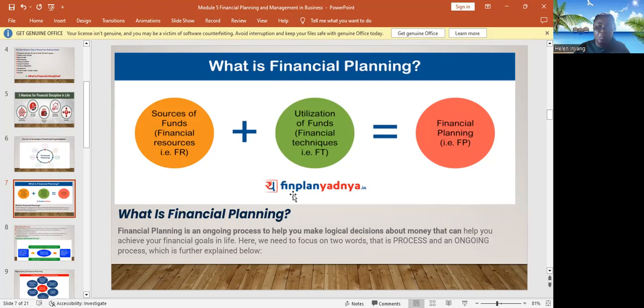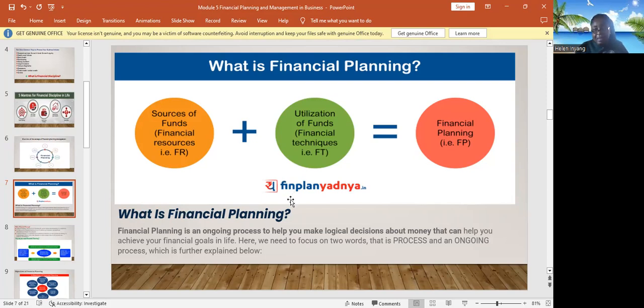And by the time you get the funds, you must make sure that you are able to utilize them using financial techniques. You must be financially knowledgeable on how to manage the funds. You can see we have summed it up.